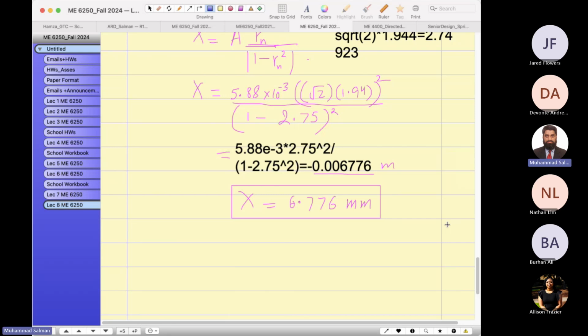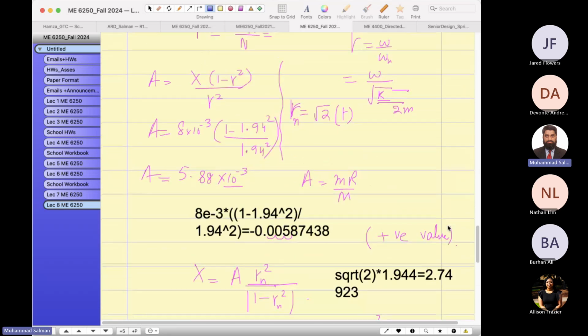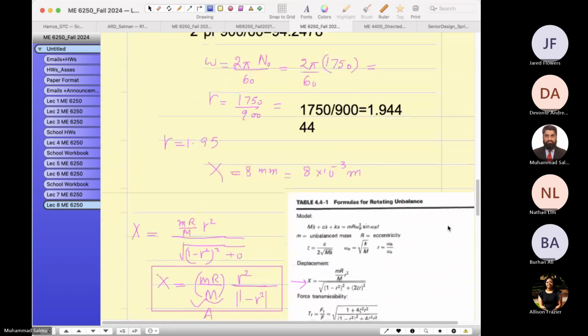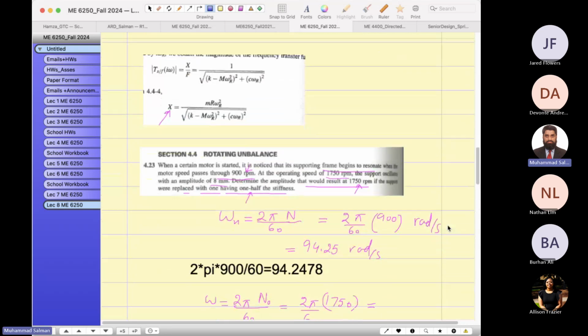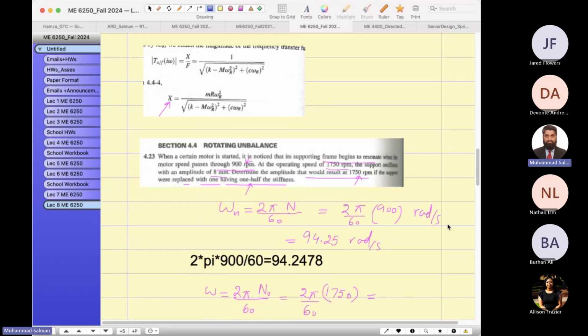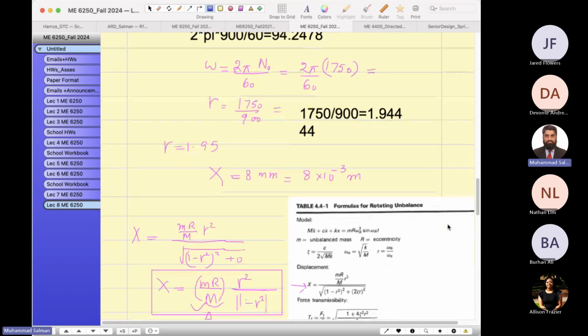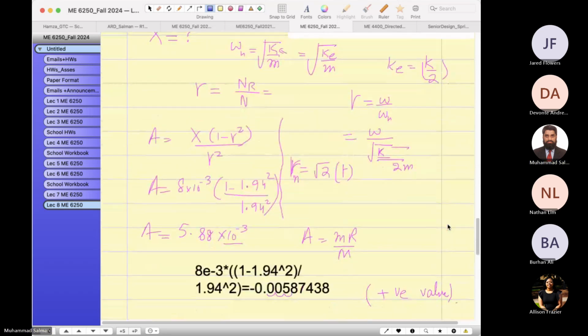So when the R value increases, the amplitude of the foundation decreases. So we have proved it. When you go home, you do this problem again, okay? I will upload this video lecture for your help. Any question?